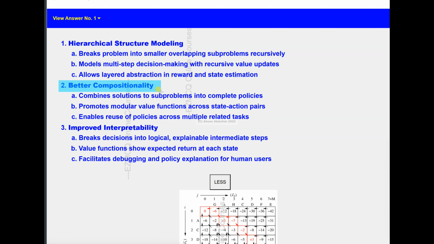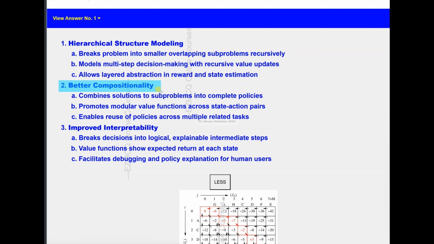Then better compositionality. Dynamic programming promotes modular solutions where individual subproblem results are combined, as I've shown you. So this supports policy reuse, task transfer, and simple, efficient learning. This is what is meant by better compositionality.